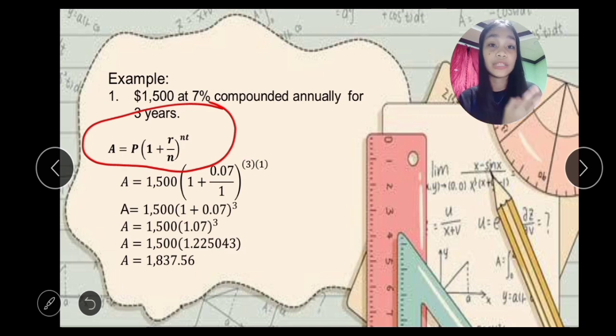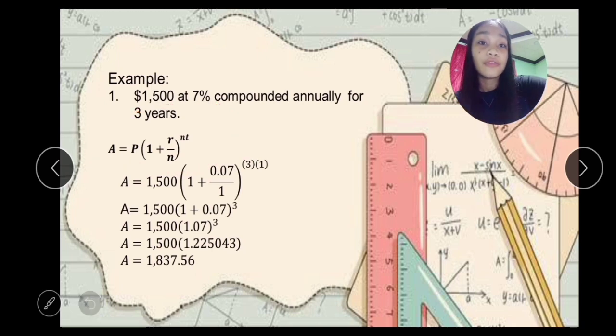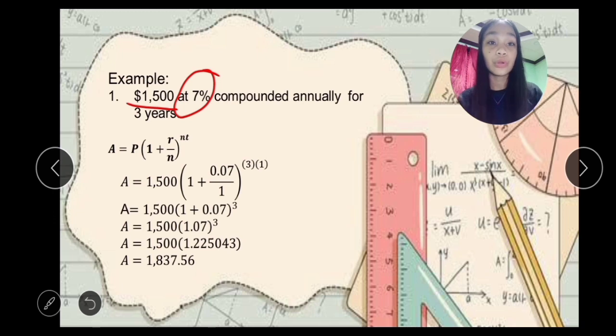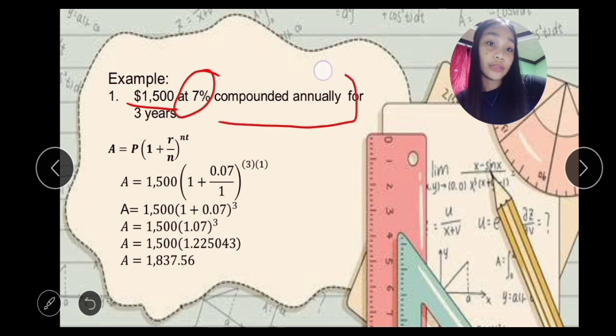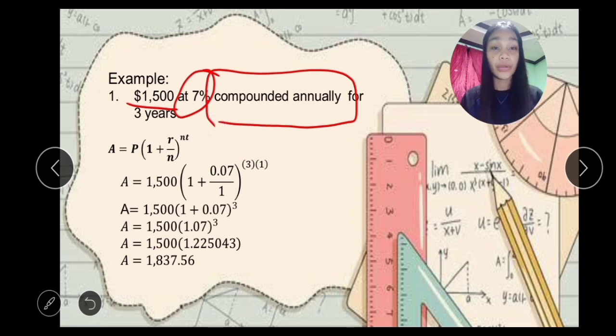P is the principal, which is 1,500. r is the rate of interest, 7%, which we put into decimal form, 0.07. n is 1, because it is compounded once. And nt, the number of years, is 3 years multiplied by 1 time per year.